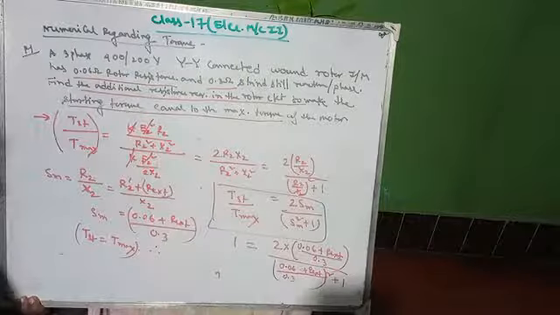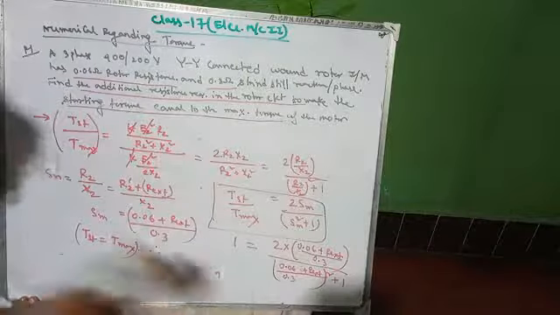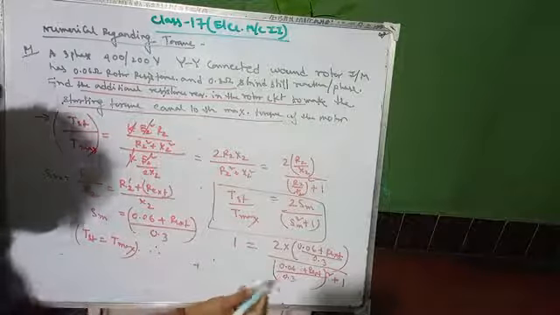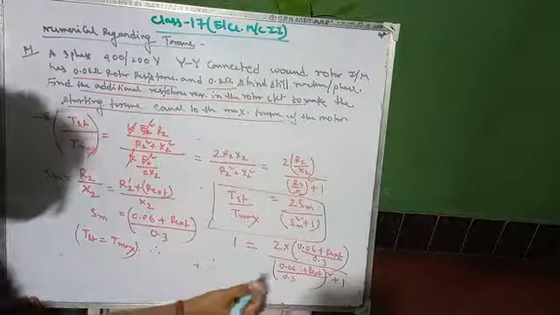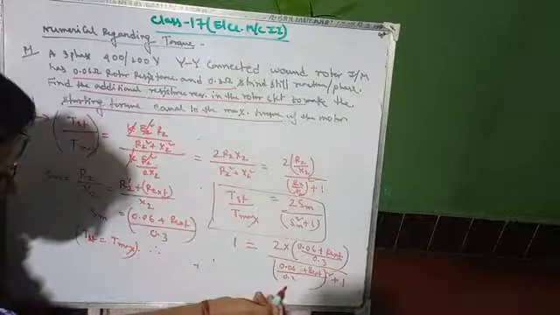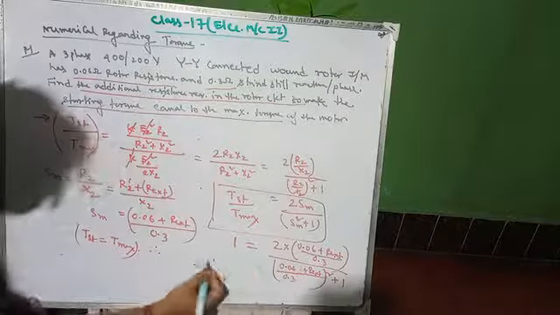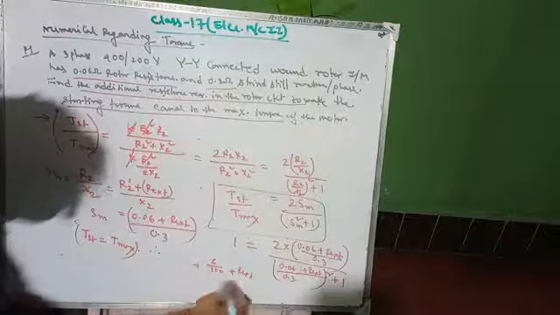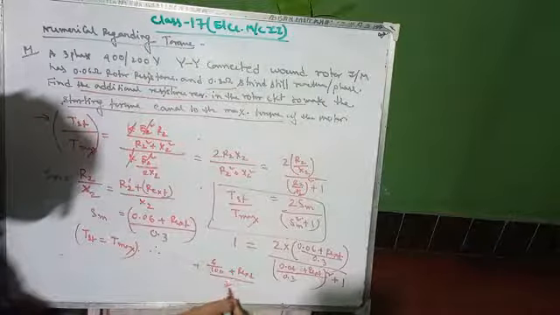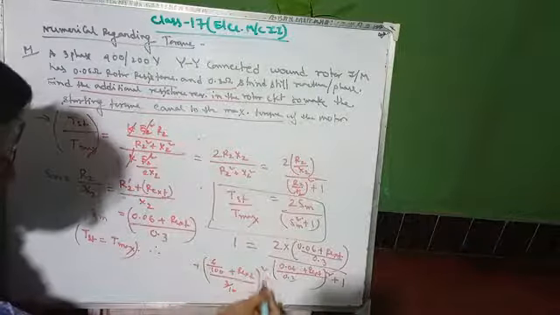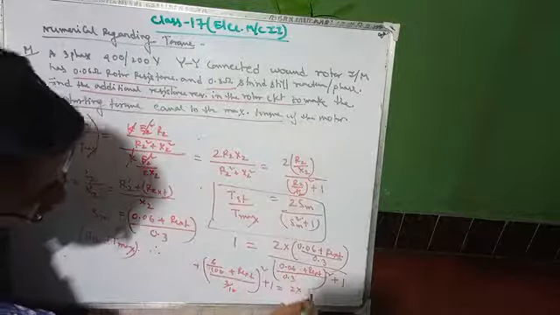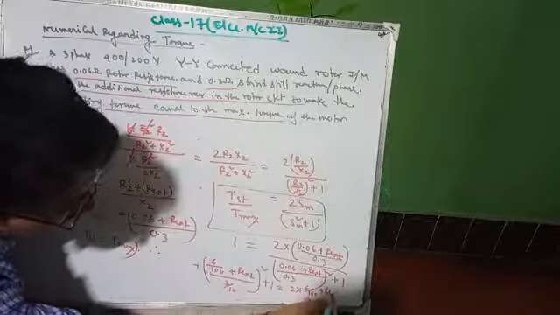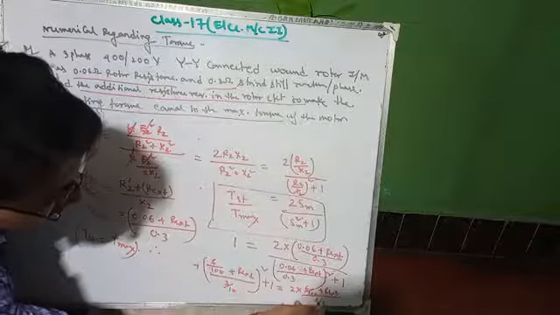Just change the sides first, 0.06 by 0.3 will be equals to 6 by 100 by 3 by 10. So (6 by 100 plus Rext by 3 by 10) whole square plus 1 will be equals to 2 into (6 by 100 plus Rext by 3 by 10).